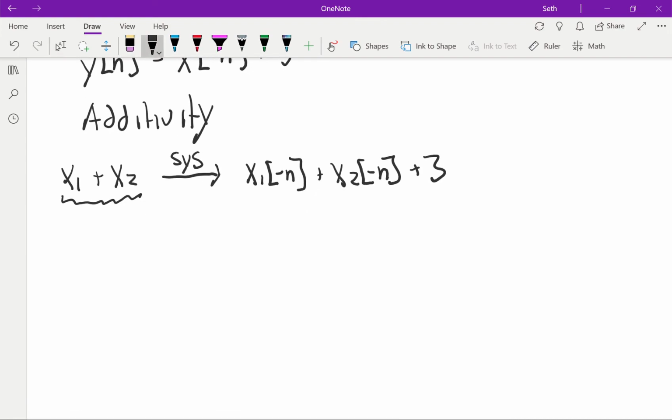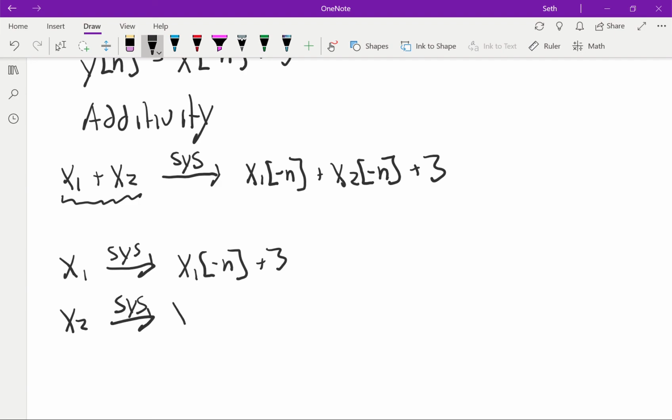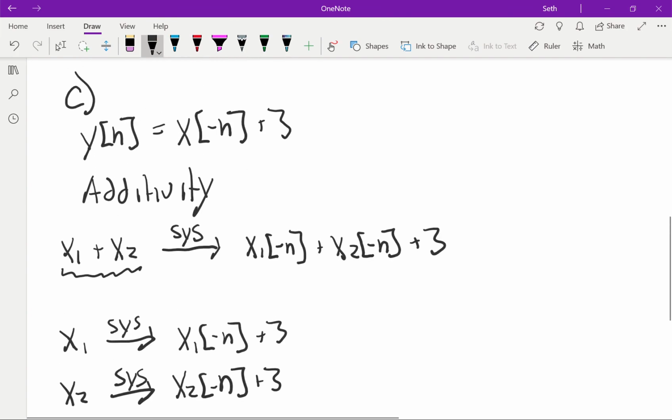Okay, so let's check the other way. We are going to send each one into the system individually. And we get x1 of minus n plus 3. Okay, x2 we're going to send into the system, and we get x2 of minus n plus 3, and this is just the behavior of the system. Of course, we defined it right here.